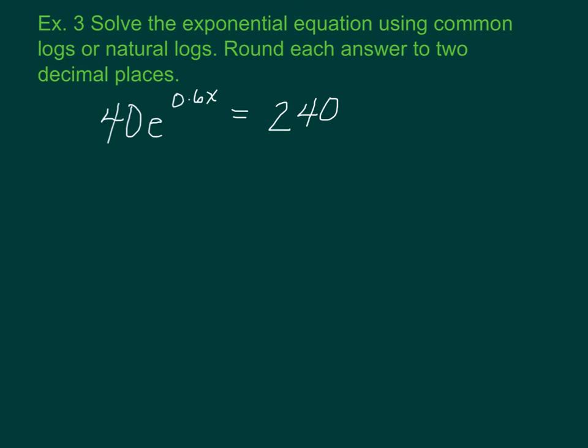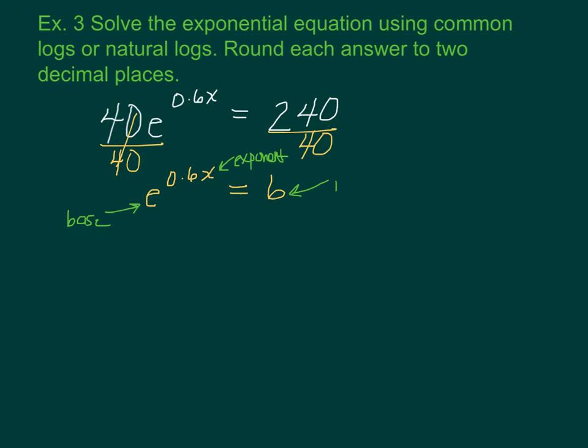Example 3, same thing. But in this case, we have to divide by 40 first. So you're going to have e to the 0.6x is equal to 6. Now you write it in log form. That's your base, exponent, and that's your number.